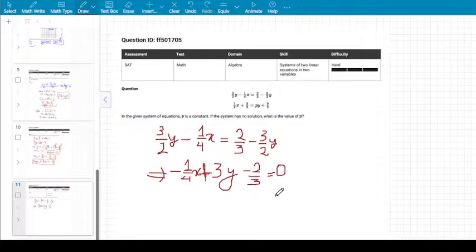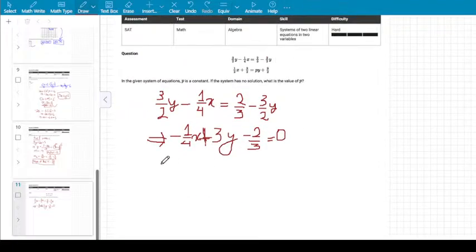This is the first equation, and the second equation will be half of x plus 3 by 2 is equal to py plus 9 by 2.